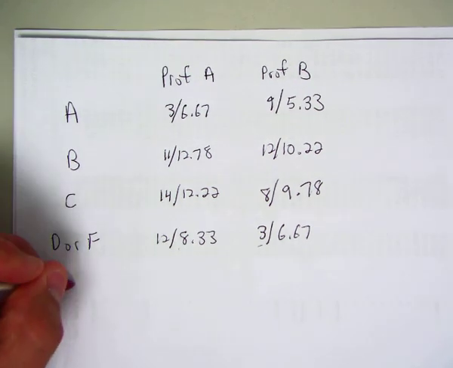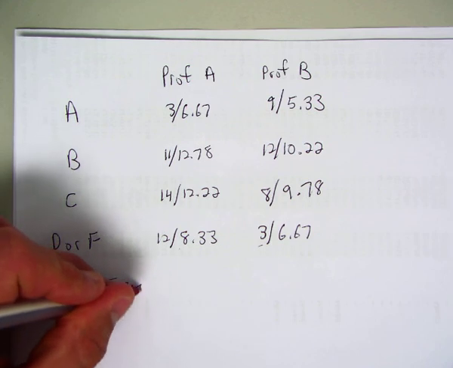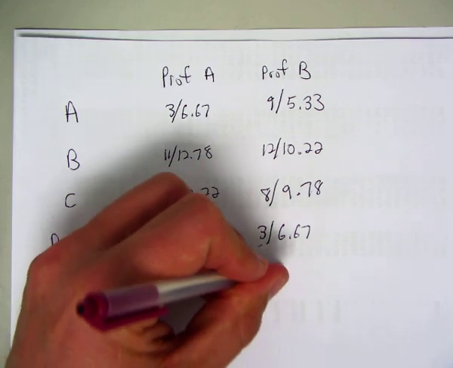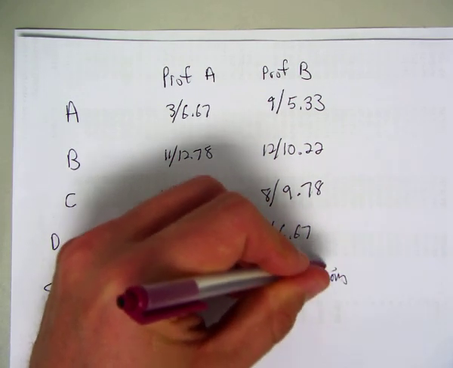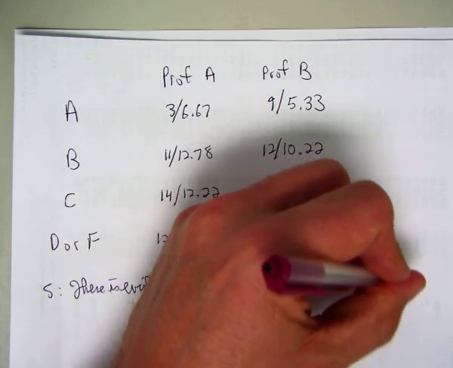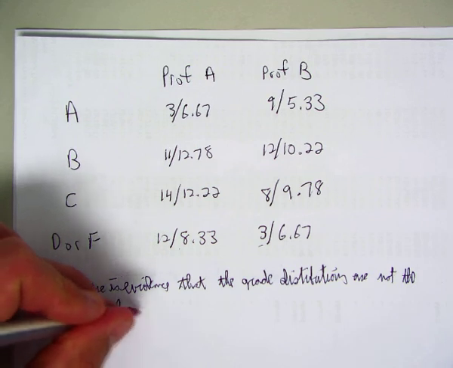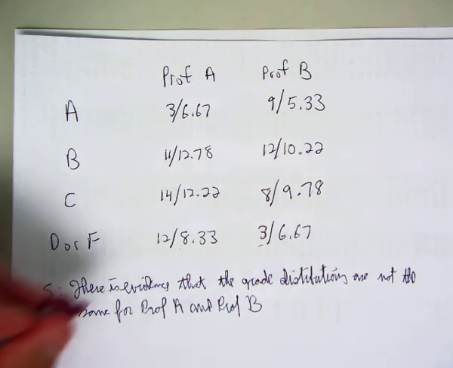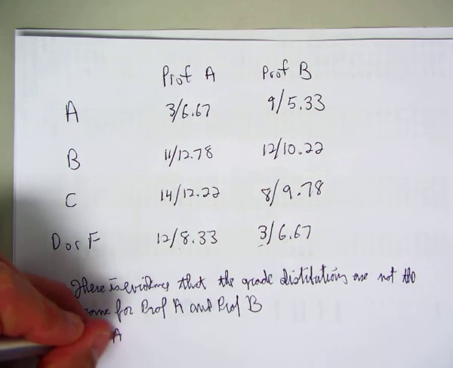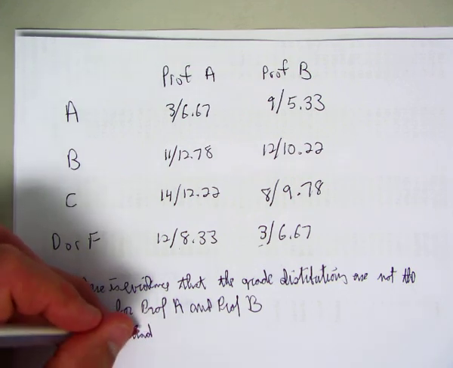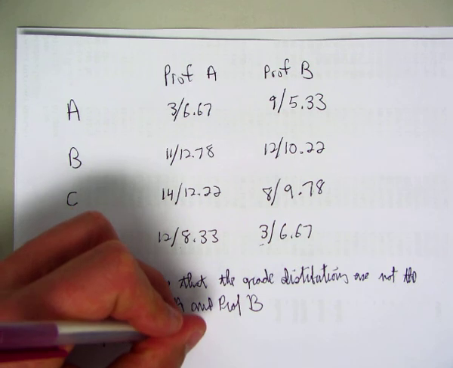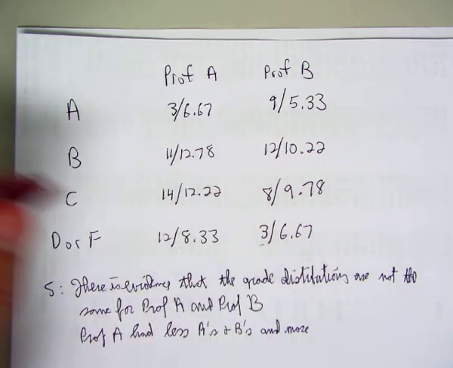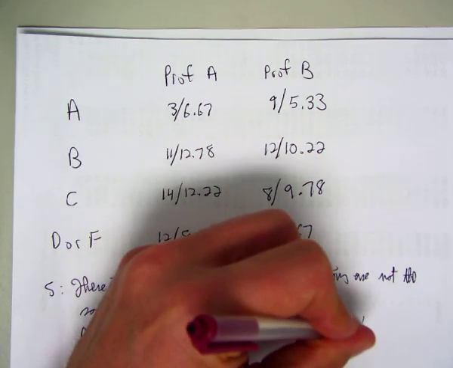My conclusion was there is evidence that the grade distributions are not the same for Professor A and Professor B. Okay, Professor A had fewer A's and B's and more D's or F's than expected.